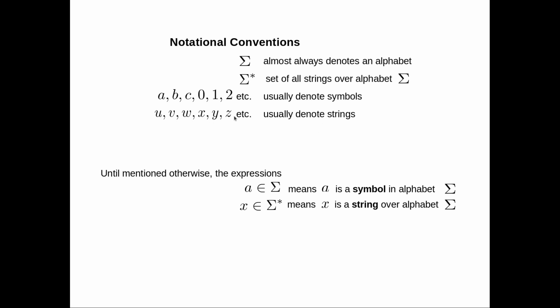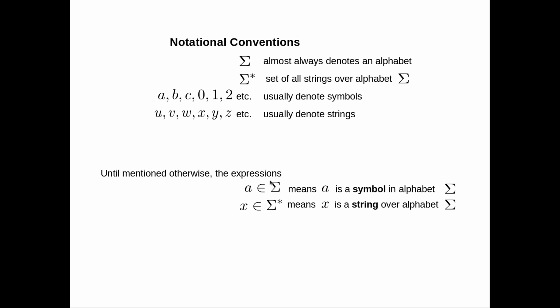So these are just notational conventions we will use to make life easier. So whenever you see that this small a is in this capital sigma, immediately you should interpret this sigma as an alphabet, and this small a as a symbol in this alphabet, because this is a set of symbols, right?